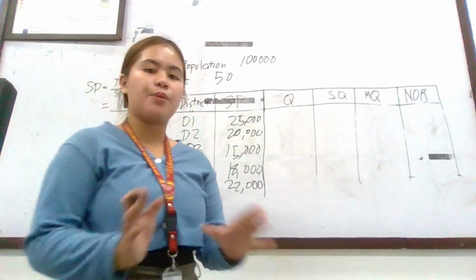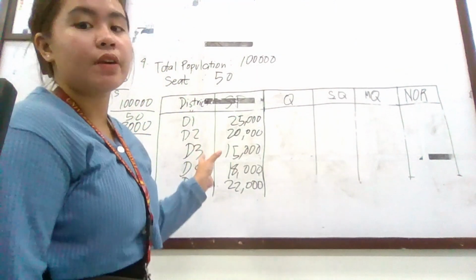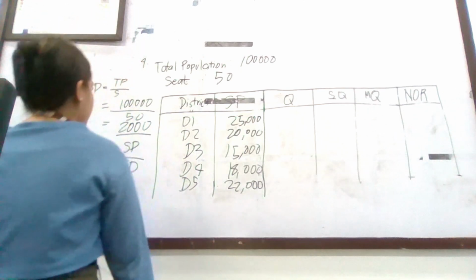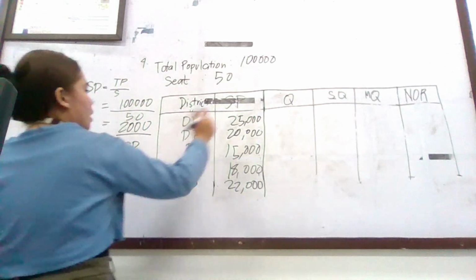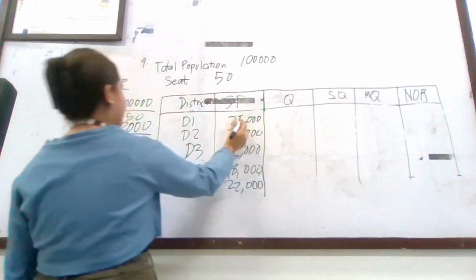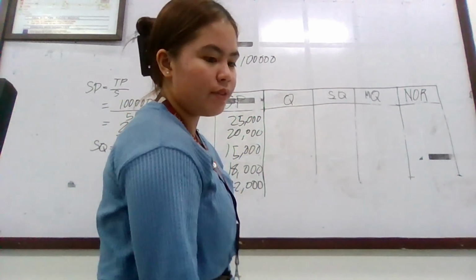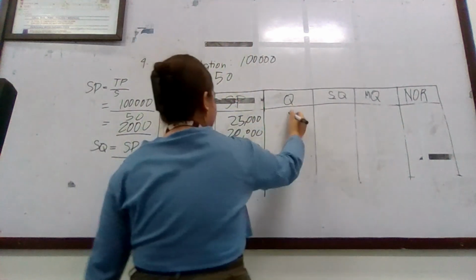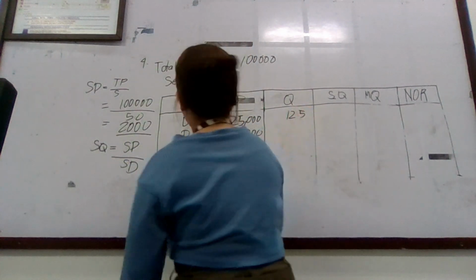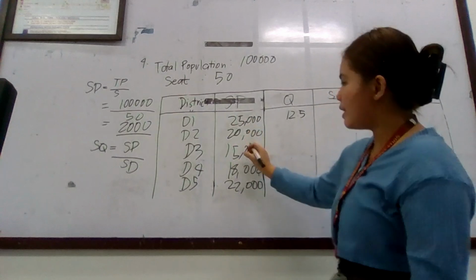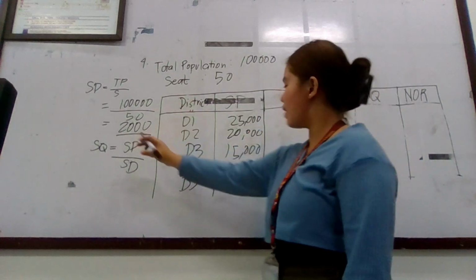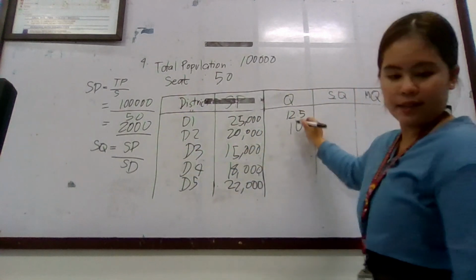So after getting our standard divisor, let us divide it to the respective state population. So 25,000 divided by 2,000 will give us a quotient of 12.5. Next, 20,000 divided by 2,000 will give us 10.